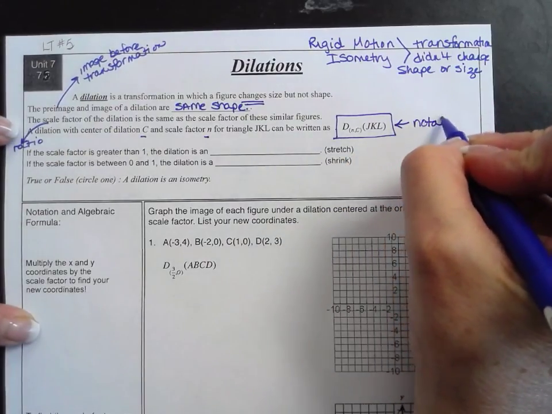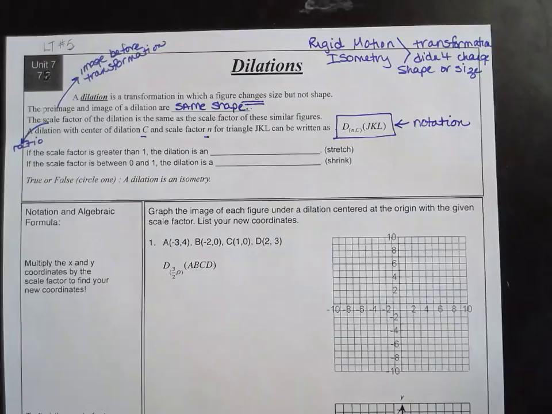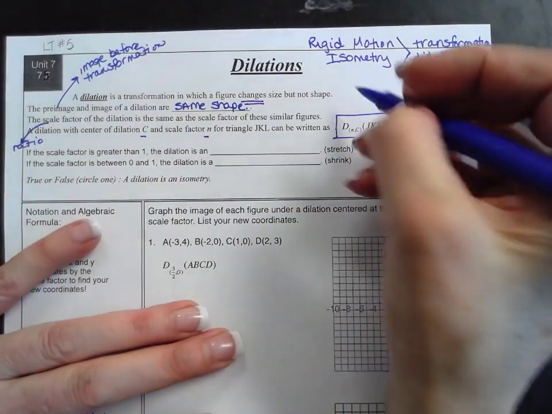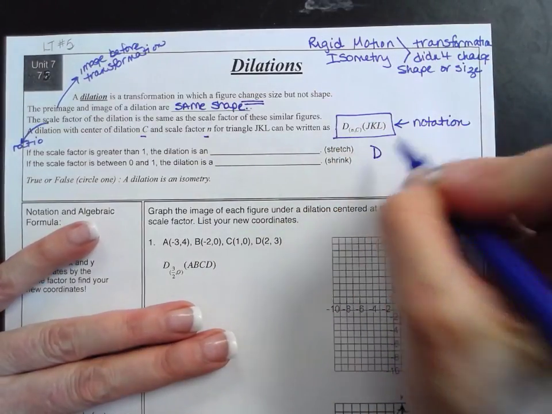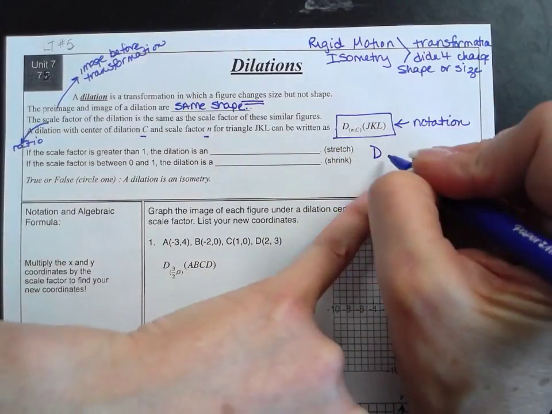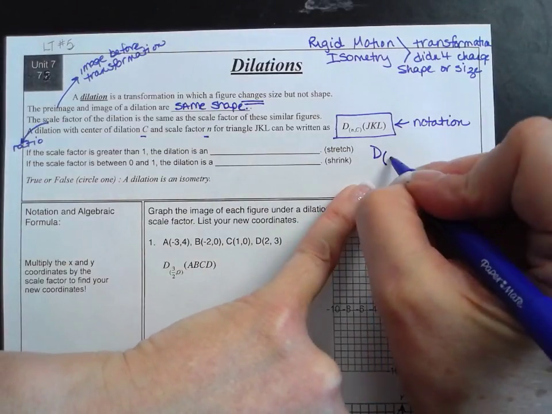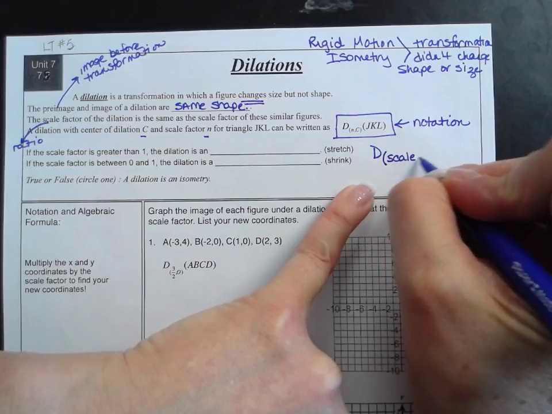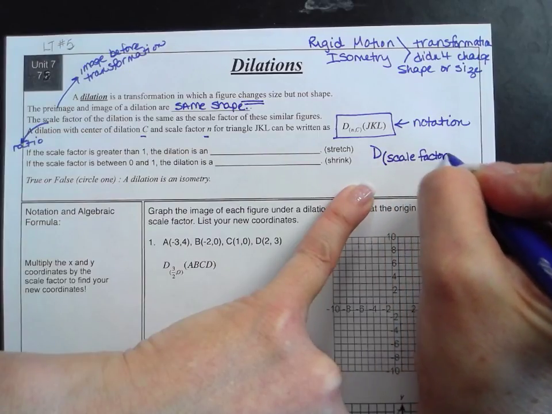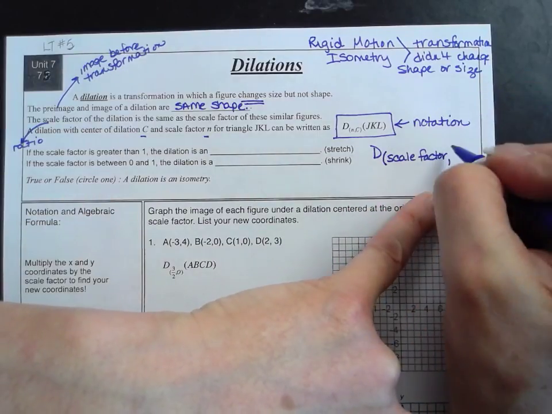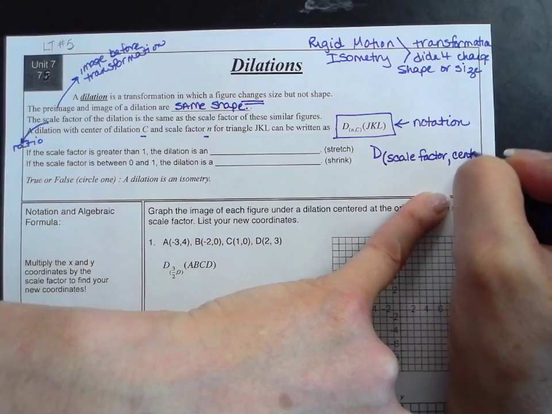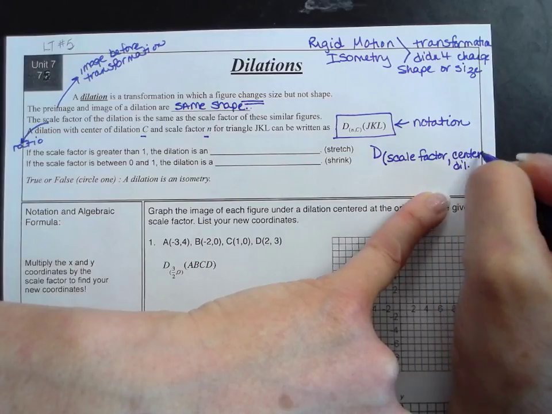So when I say, write me the notation for this dilation, you're going to write it like this. So it's going to be D for dilation, and then you have the scale factor, and then you have the center of dilation, and then you have the figure.